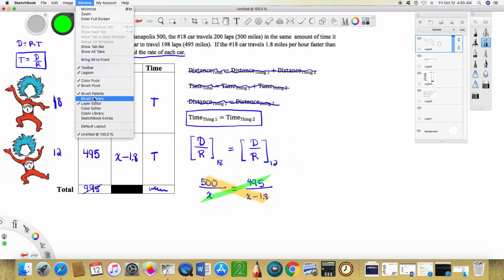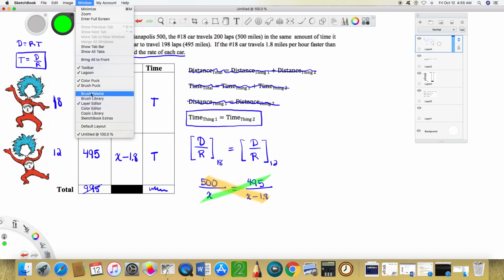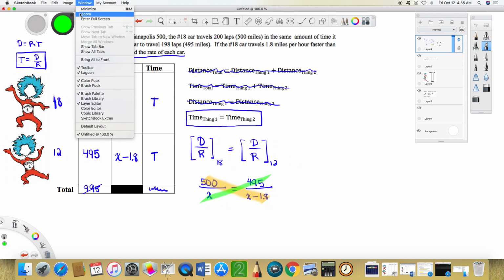Now I'm having difficulty with switching back and forth from the highlighter to the pen. It will not let me go back to my pen. This could be a problem. I do not know how to solve it. I don't even know how to pause the video, so you'll just have to bear with me a second and see if I can figure this out.